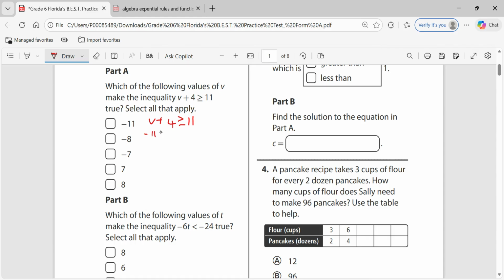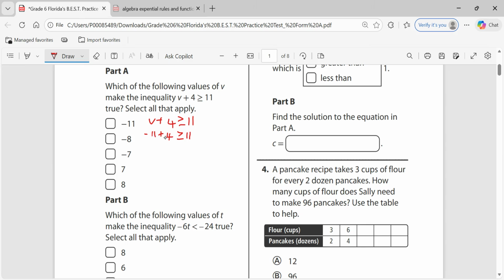Negative 11 plus 4 is greater than or equal to 11. Negative 11 plus 4, I could put that in the calculator and find out. Negative 11 plus 4 is going to give me 7.